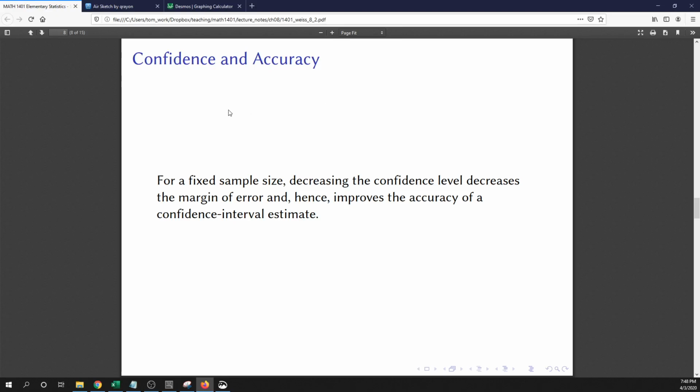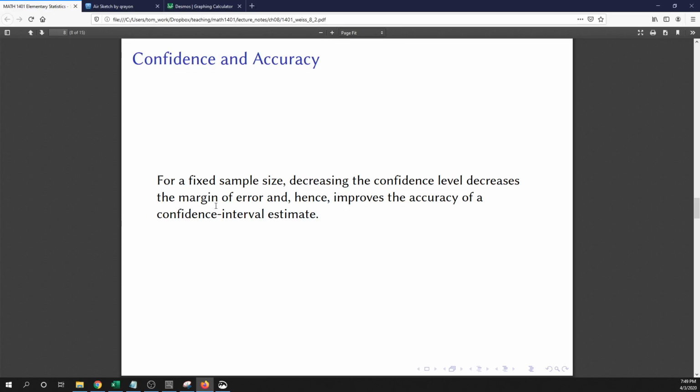All right, so the relationship between those two is that for a fixed sample size, if you decrease the confidence level, that's going to decrease the margin of error, okay? So in other words, if I have a 99% confidence interval, and then I make another confidence interval that is 90% confidence interval, that is going to decrease the margin of error.